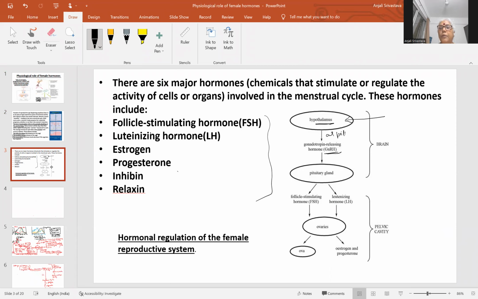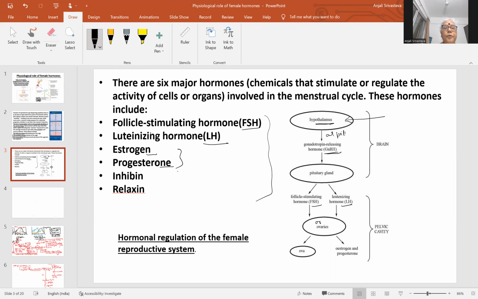This gonadotropin releasing hormone acts on the anterior pituitary, releasing one by one, not all these 6 hormones are released by the pituitary gland. The pituitary gland is stimulated to produce the follicle stimulating hormone and luteinizing hormone, and in turn, these FSH and LH act on the ovaries, the developing follicles here, and these developing follicles produce the estrogen, then progesterone, and estrogen.